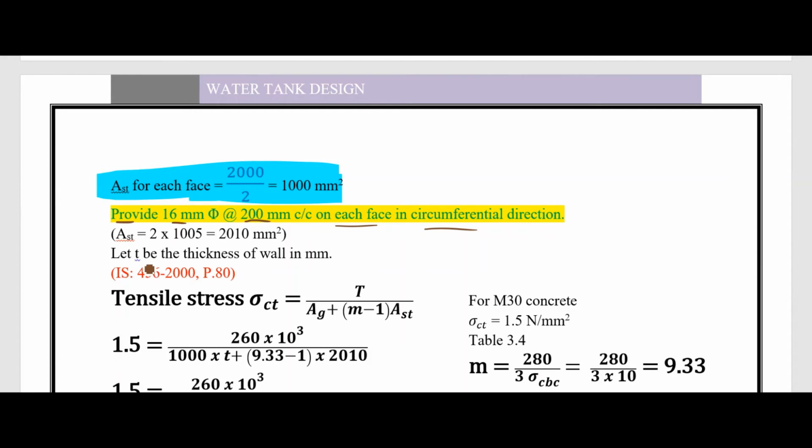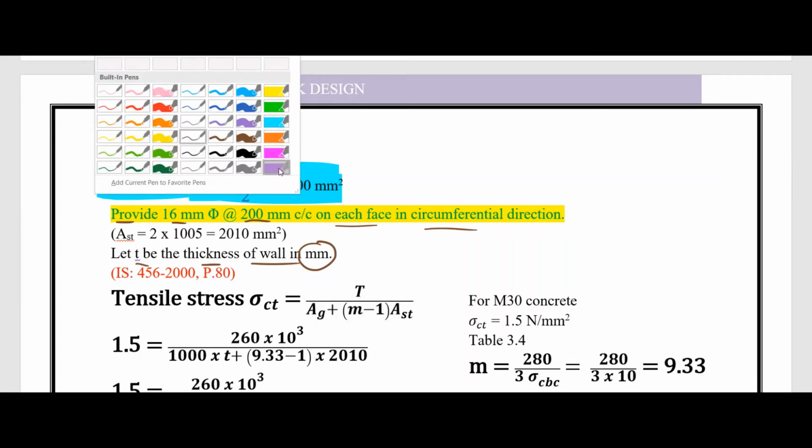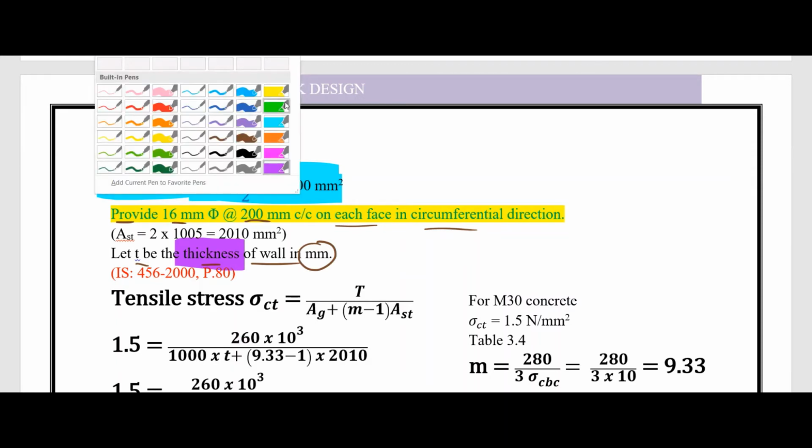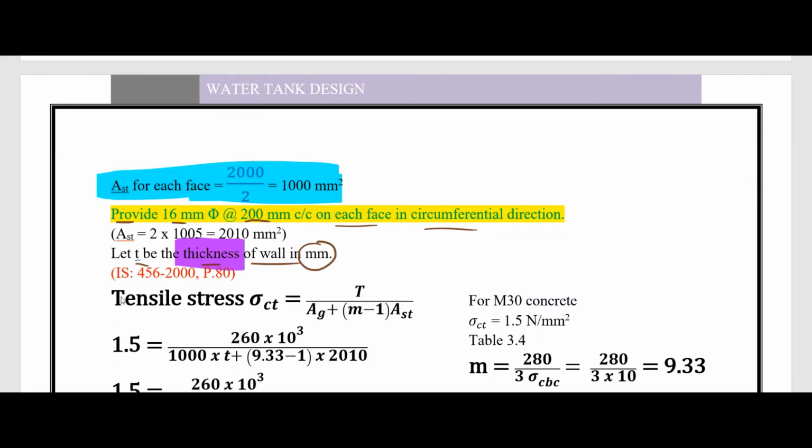Let T be the thickness of the wall in mm. We are going to calculate the thickness of the wall. How do we calculate thickness? We can calculate it from IS 456, page number 80, where tensile stress equals T divided by Ag plus (m minus 1) into AST.